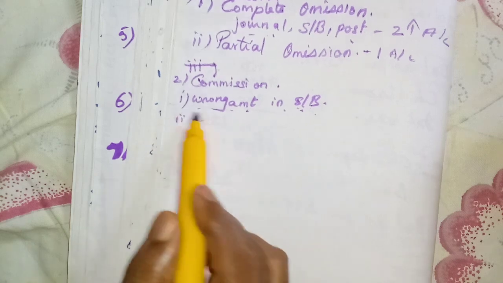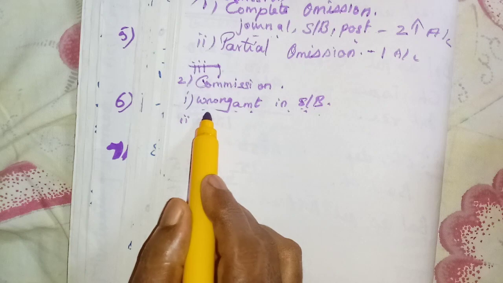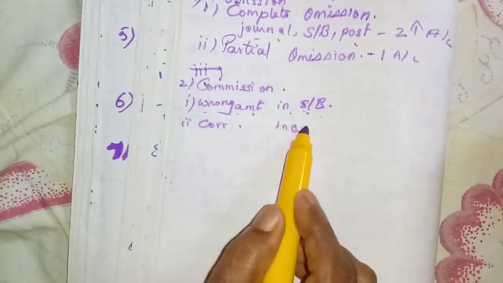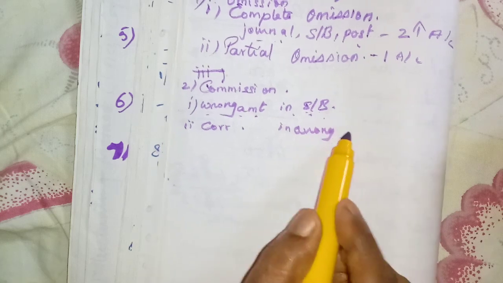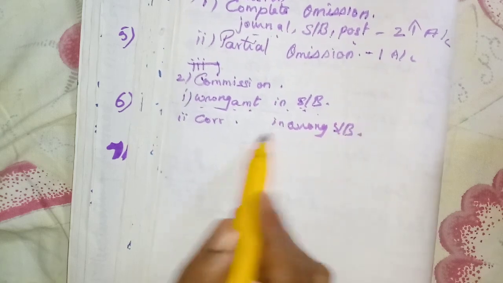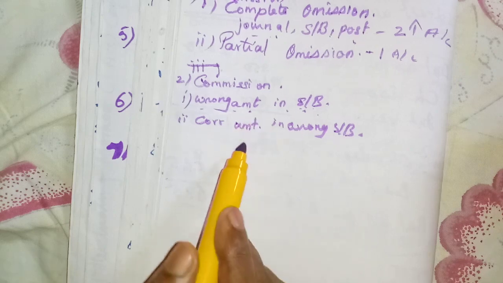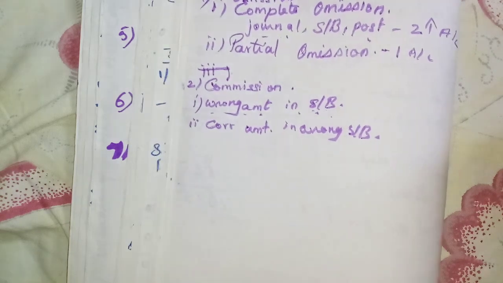The other one is entering the correct amount in the wrong subsidiary book. Here they enter the correct amount, but in a wrong subsidiary book.